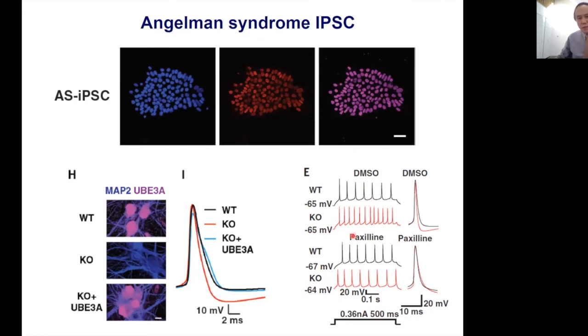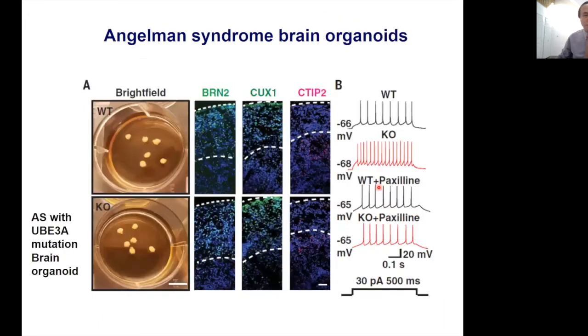Then we can also test a new drug called Paxalisib. After Paxalisib treatment, the Angelman neuron became similar to the normal control. Compare here: this Angelman neuron is much faster than the wild type normal control neuron.